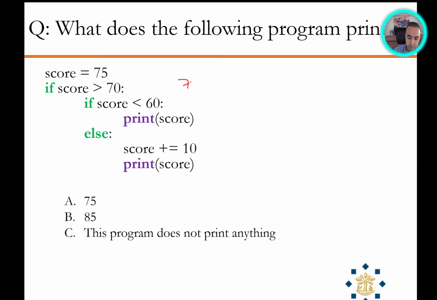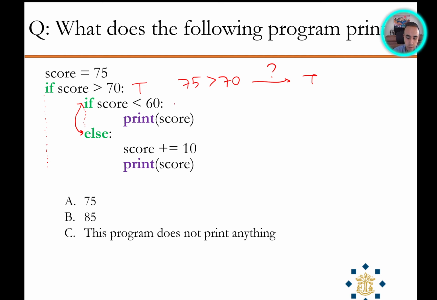Okay, now it's a different story, right? So 75 is greater than 70. True or false? True. Here we are inside the if block. And always be careful about the alignments. So this if statement does not have an else, but these two, they belong to each other because they're aligned, right?